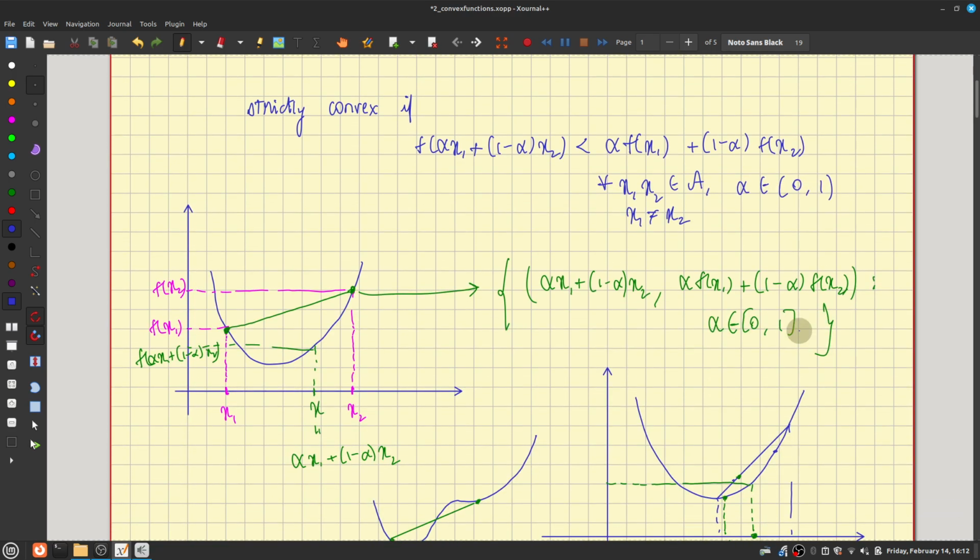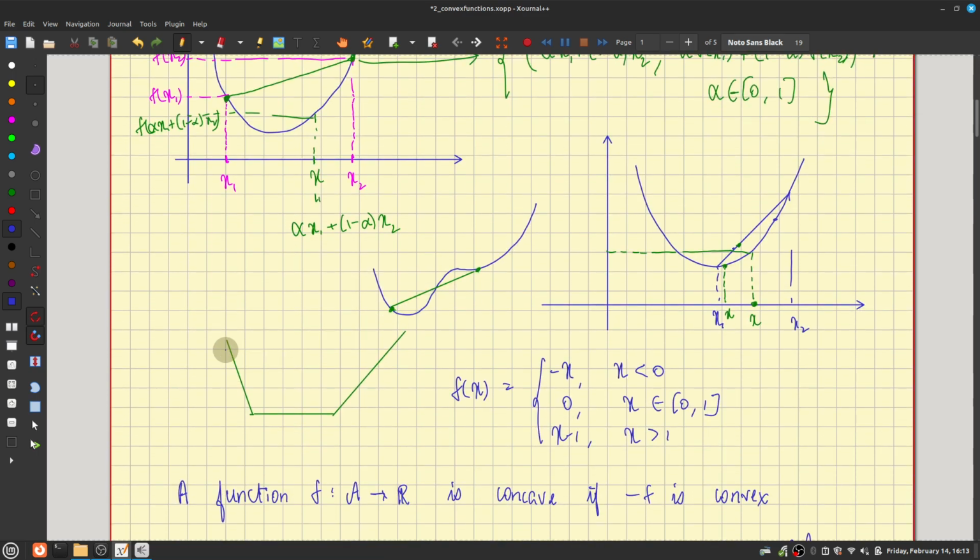So in other words, the function is never flat at any point. That's one way of thinking about strictly convex functions. If you take the straight line joining any 2 points on the function, then the function value is strictly below this straight line. Kind of what happens in f of x equal to x square, but that doesn't happen for examples like this.